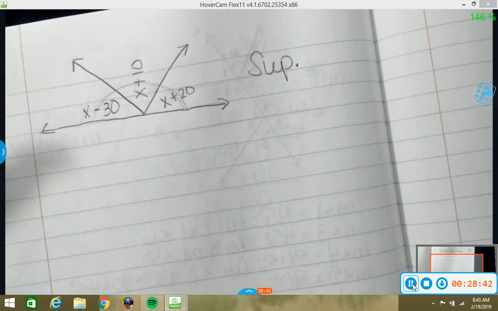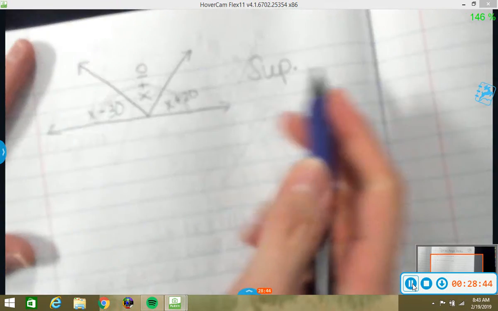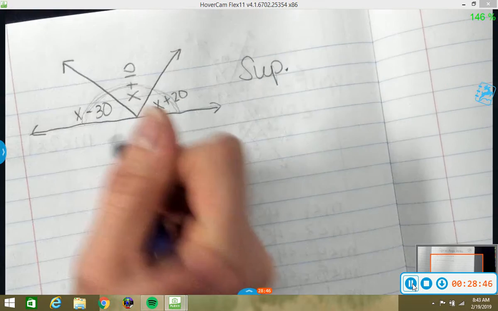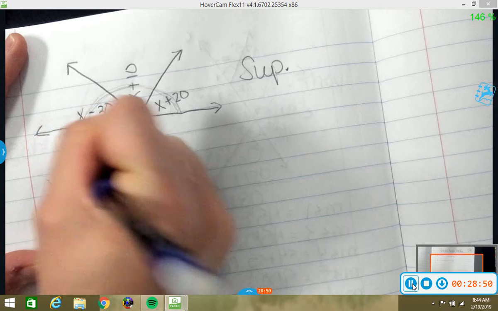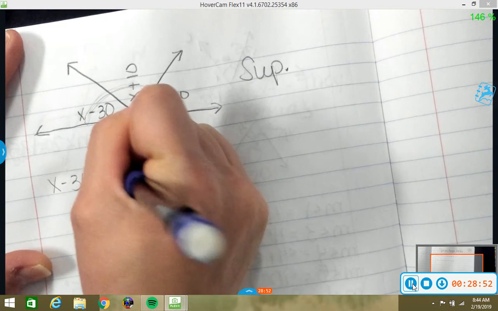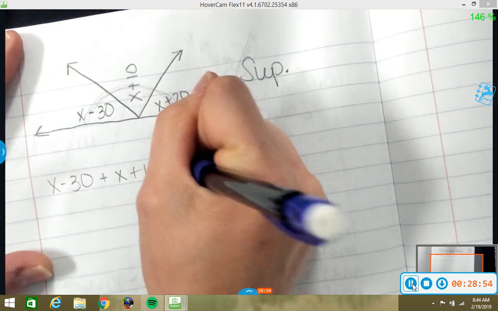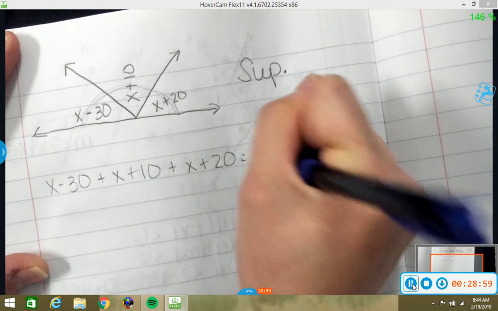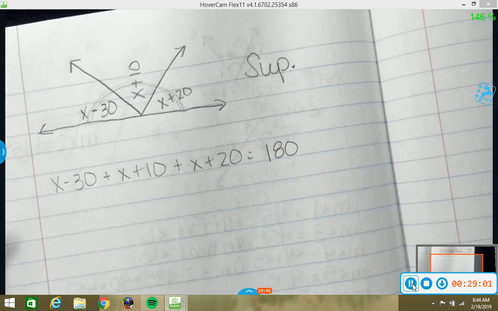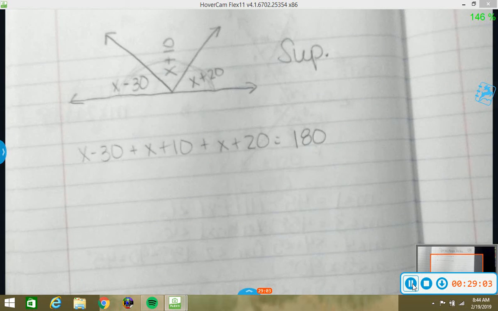So you know that all of this together has to equal what? 180. So we're going to say x minus 30 plus x plus 10 plus x plus 20 all adds up to 180. So go ahead and simplify your like terms.